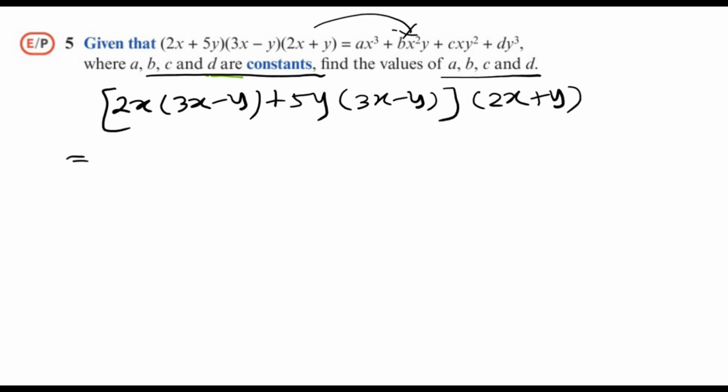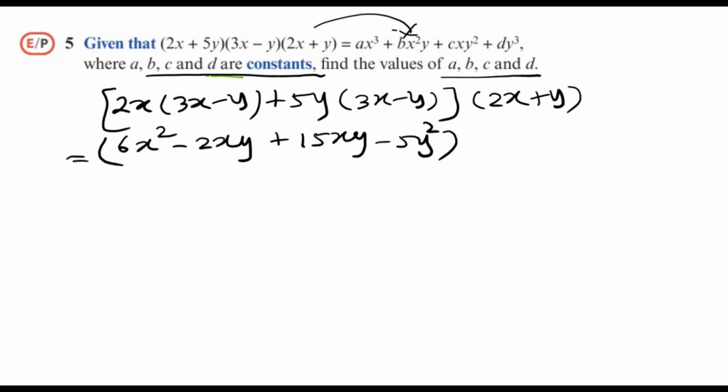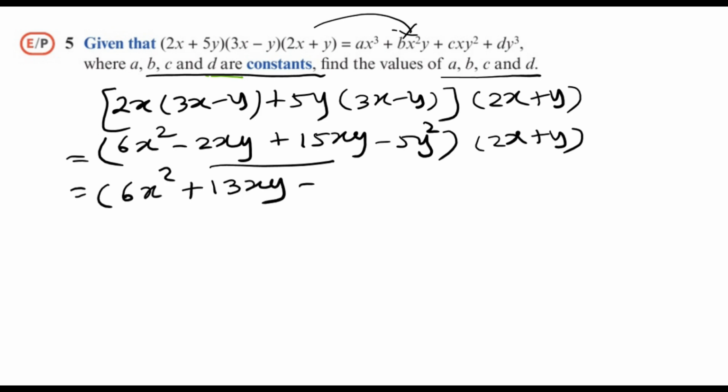Simplify the bracket, that will give 6x squared minus 2xy plus 15xy minus 5y squared, 2x plus y. Collect like terms. 6x squared plus 13xy minus 5y squared, 2x plus y.